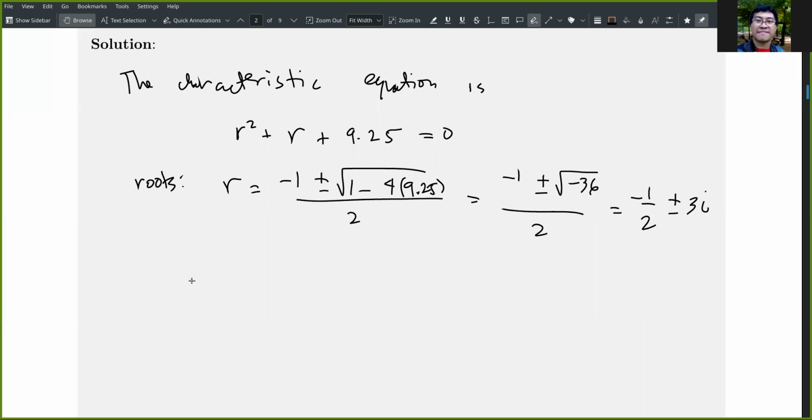The two solutions are y1(t) equals e to the power of minus 1 half plus 3i, times t.